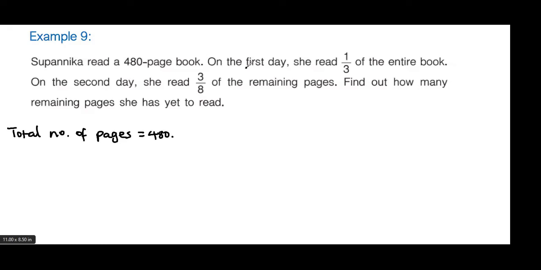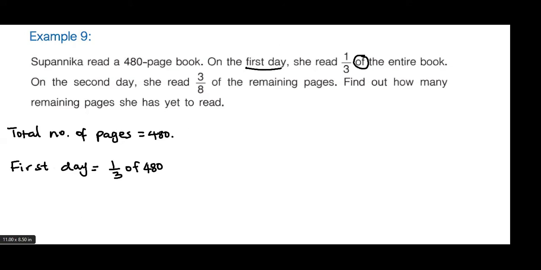On the first day, she read 1 out of 3 of the entire book. The entire book is 480 pages, so it is 1 out of 3 of 480. Is that okay?